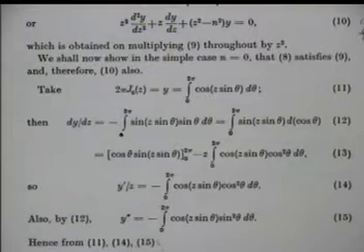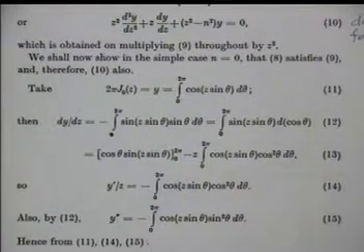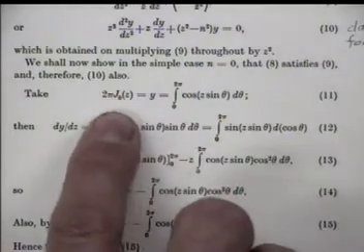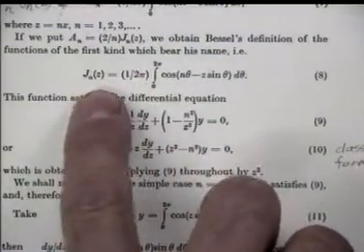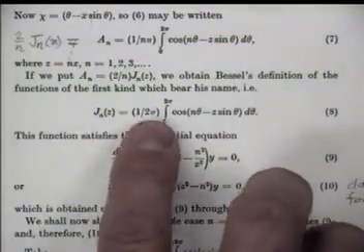And it said the first simple case where n was equal to 0. And so we're going to replace J_n of z with J_0, and the 2 pi moved over to the other side.